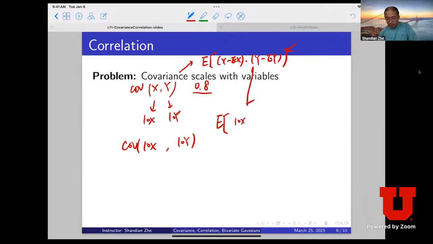So 10x, subtract the expectation of 10x, and multiply 10y, subtract the expectation of 10y, right? You see, for each parenthesis, you have a factor of 10. So what's the result?